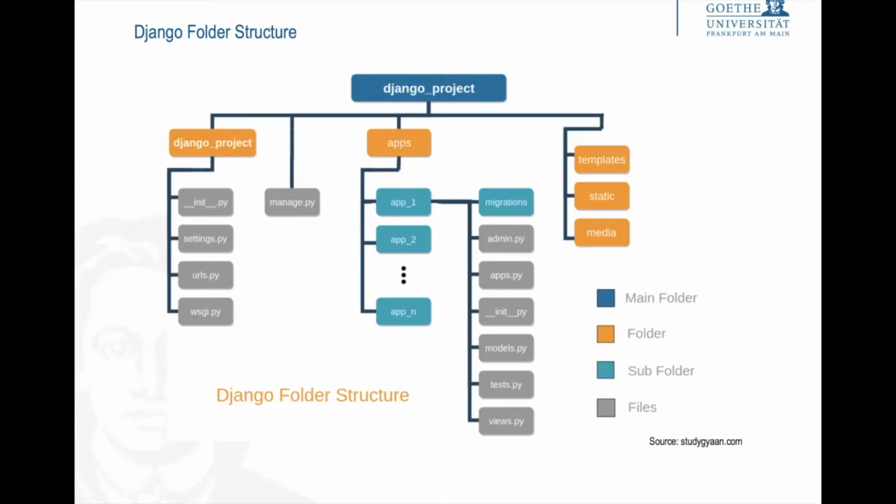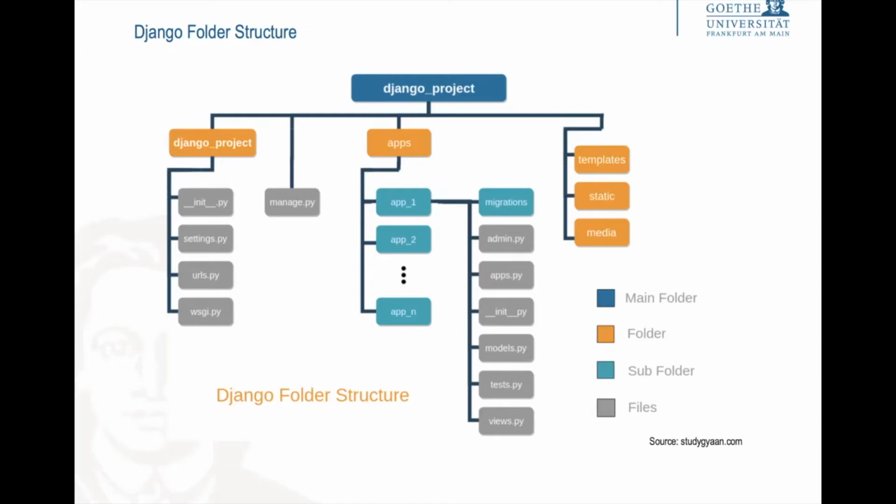So the structure is, like I said, almost default. The only difference is basically in the middle. You could have also the apps, app 1, app 2, etc., as direct subfolders of the main folder Django project. Here I kept it this way because I think it's a nicer way to look at it, to have the apps grouped under one folder.